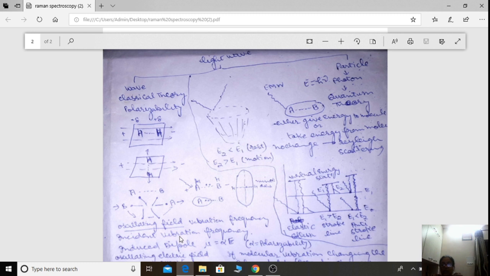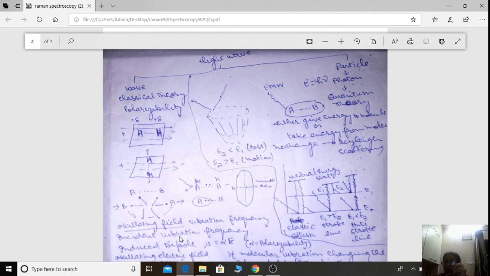Suppose the molecule is in the ground state and the electromagnetic radiation strikes the molecule, it gains energy and gets excited. It again goes to the virtual energy state. Now from the virtual energy state, it doesn't come to the ground state but goes into some other energy state.